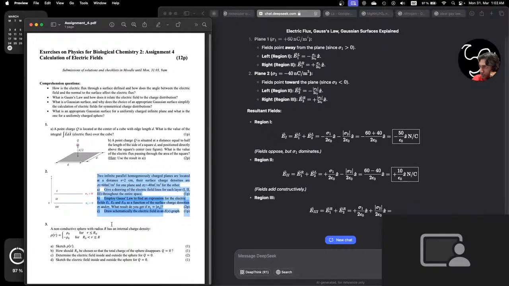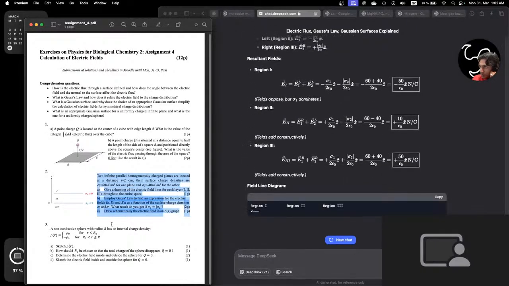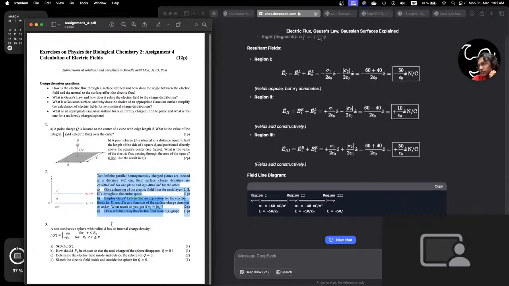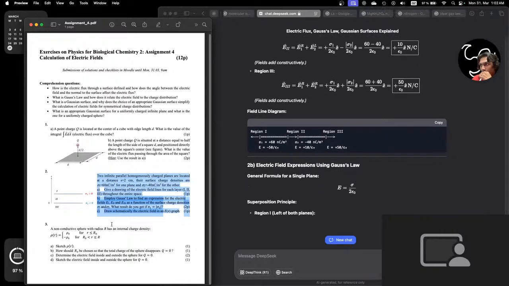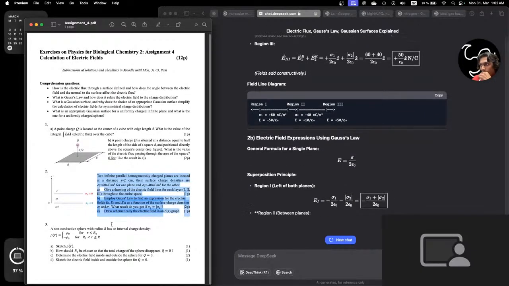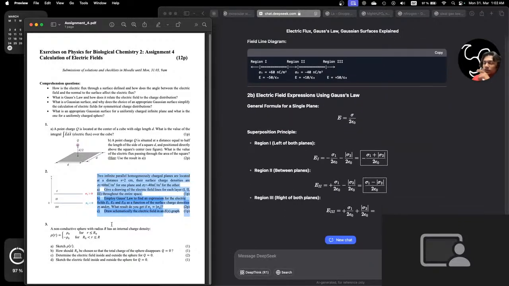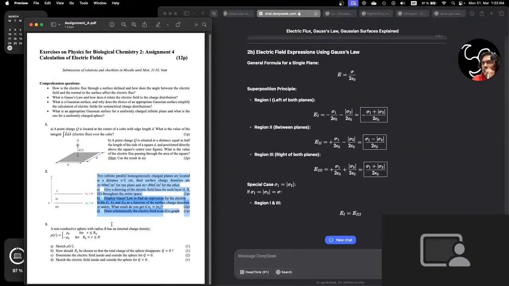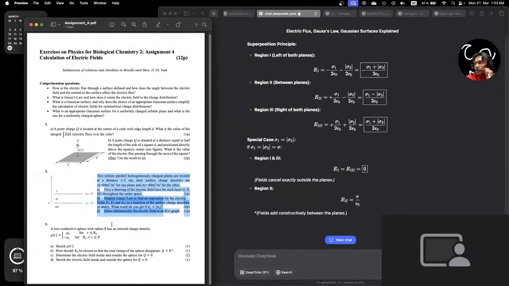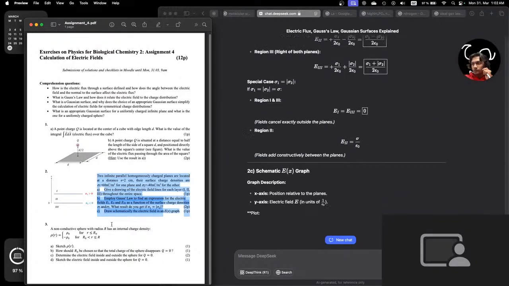Their surface charge densities are 60 nanocoulombs per meter squared for one plane and the other. It's not centimeter squared, it's nanocoulomb per meter squared, okay.